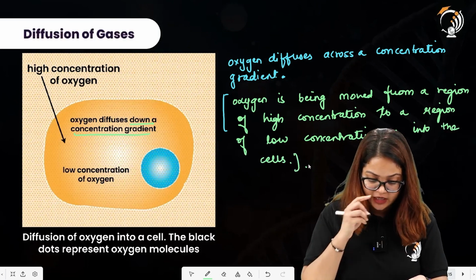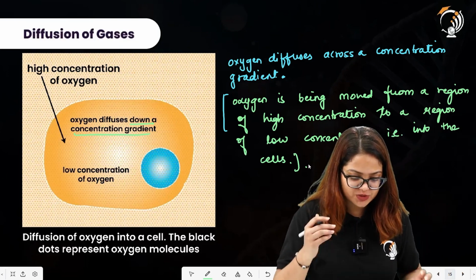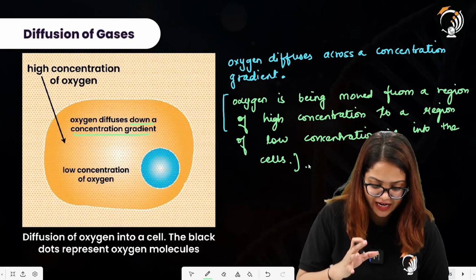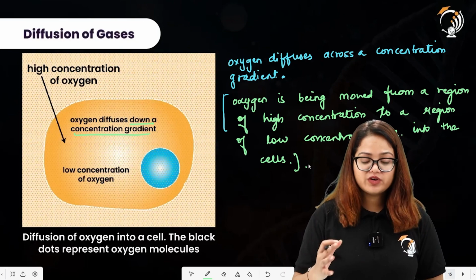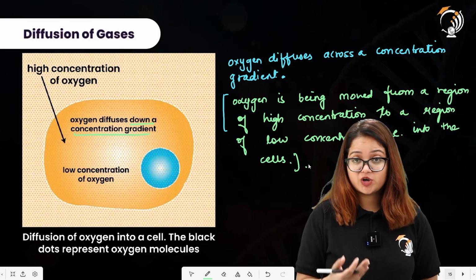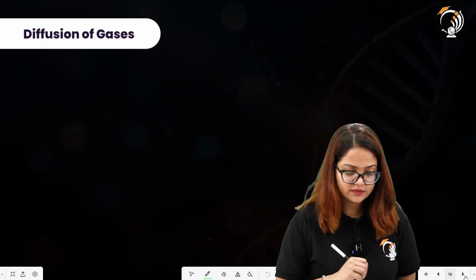Then diffusion of oxygen into a cell. The black dots represent oxygen molecules, and you can observe that the colored dots in this diagram are more in the outer environment of the cell.